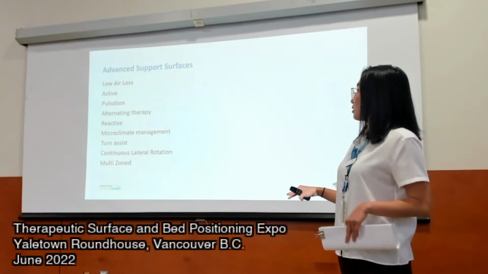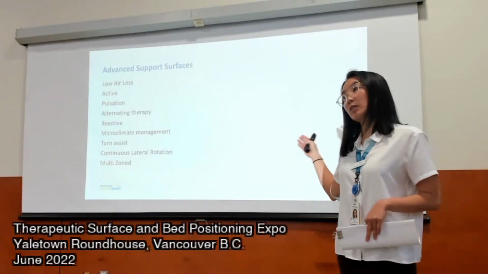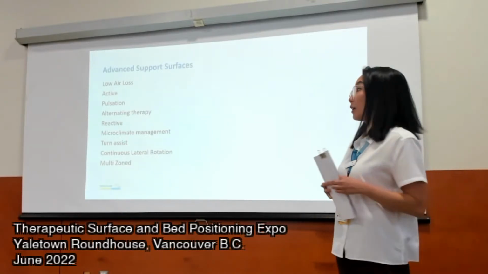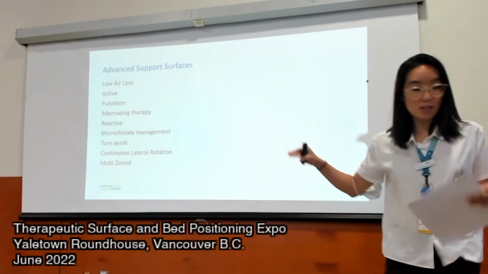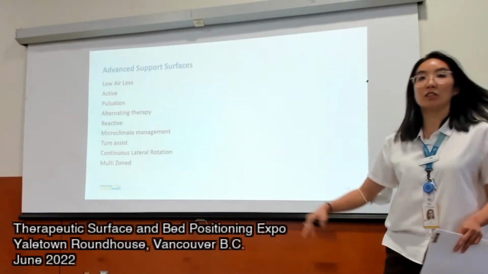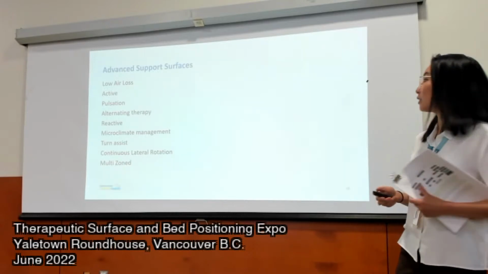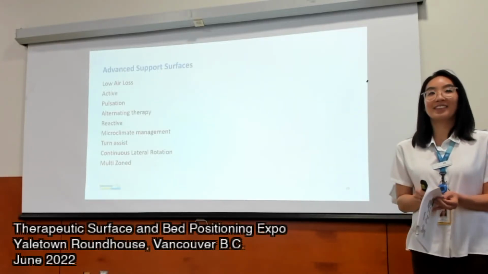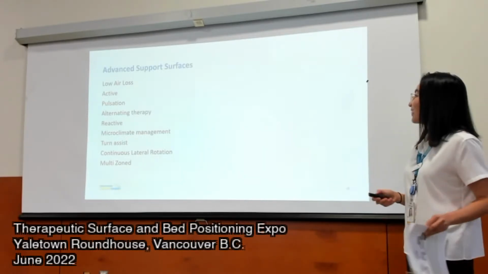But it is important to know all the different features that are possible in an advanced support surface so that you know what your options are. I'm not going to go into detail about the definition of each of these, but on that Click website, below the algorithm, it explains what each of these characteristics are if you need it. Once again, you still need to reposition people. It doesn't replace repositioning. All right.